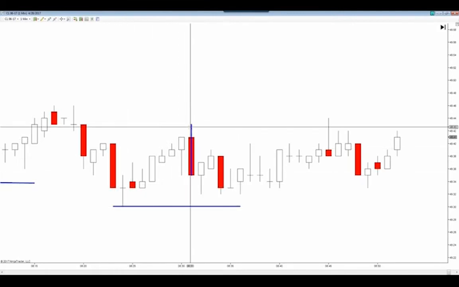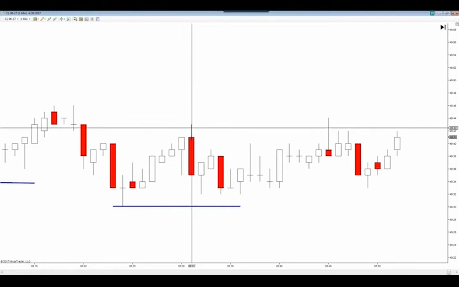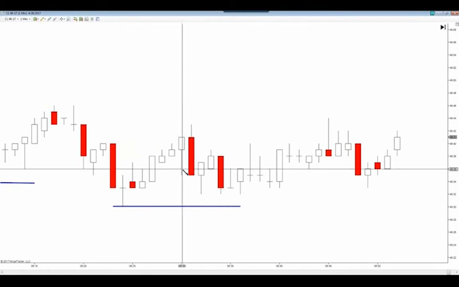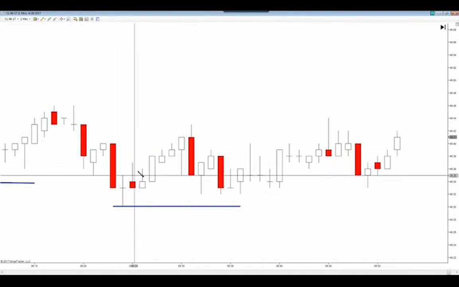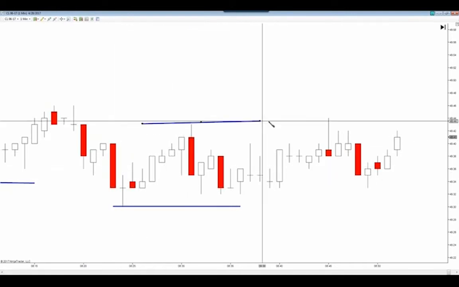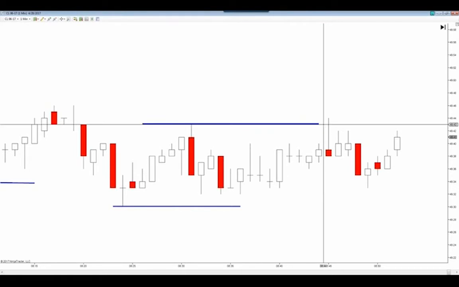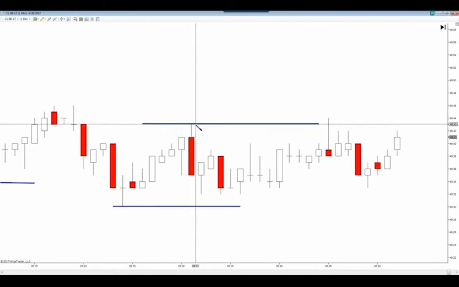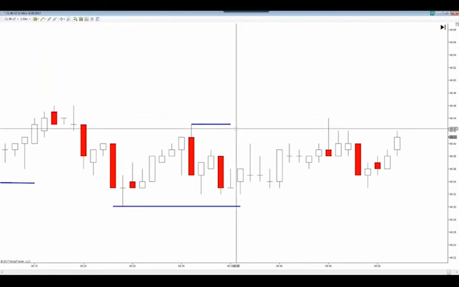So the line in the sand is going to go from the highest point in between this red candle and this candle here. That's the line in the sand point. Now what I'm looking for is for price to close above this candle within a certain period of time, because I too like to trade with momentum, which means I like to see a lot of price action happening fast.